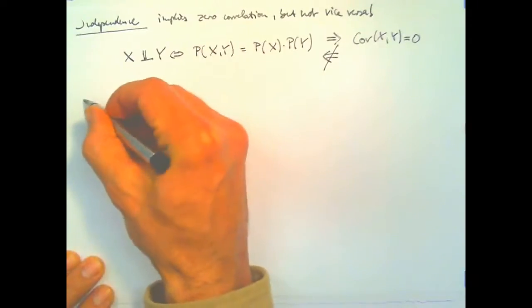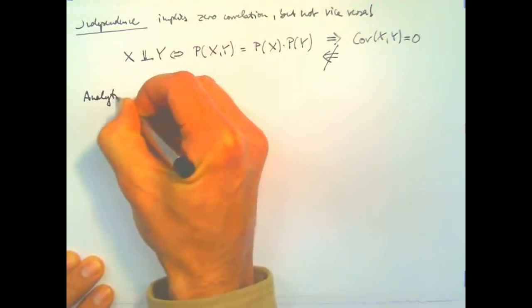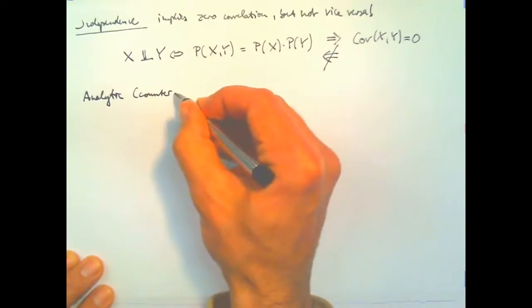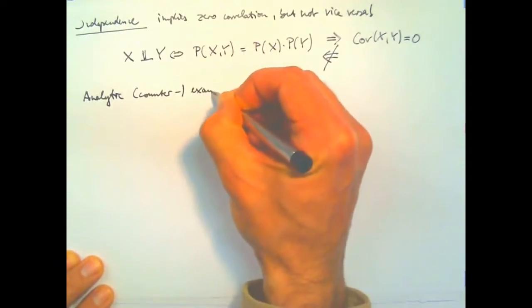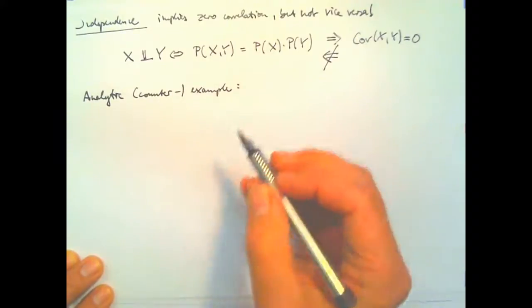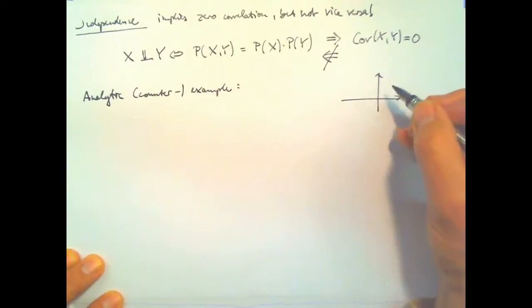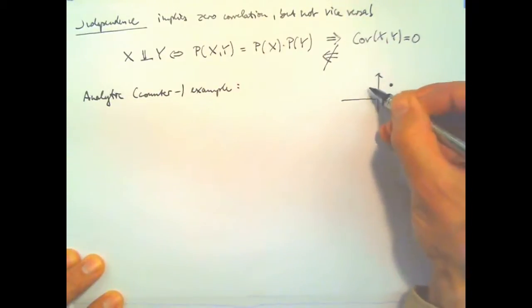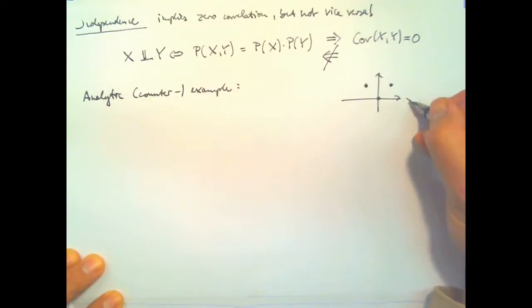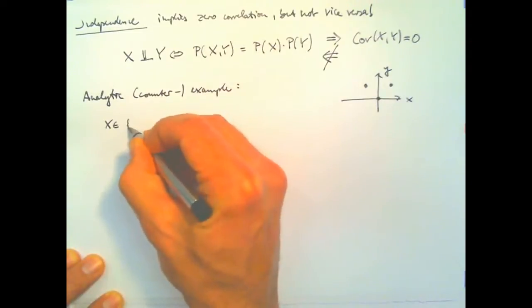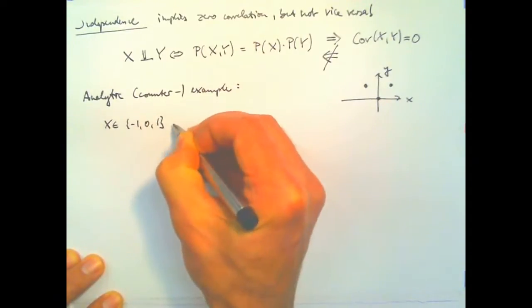Let's do one analytic example here, or counterexample to the above statement. So let's say we look at the following situation, where x can only take 3 different values, and y is a deterministic function of x.